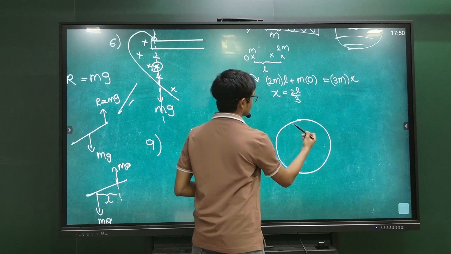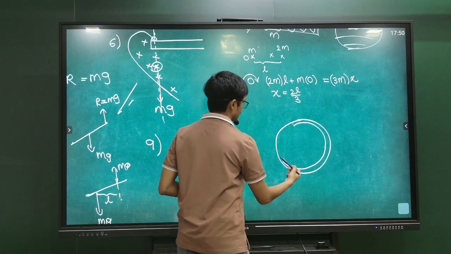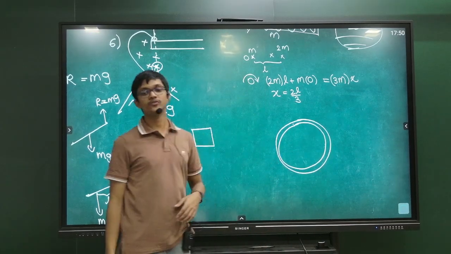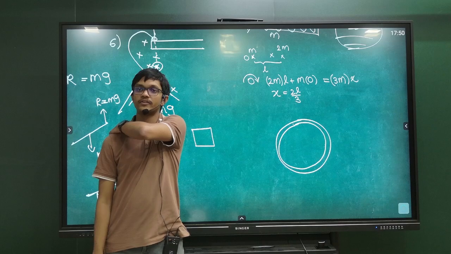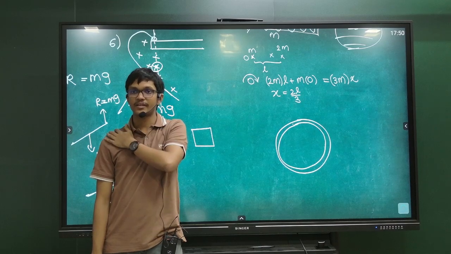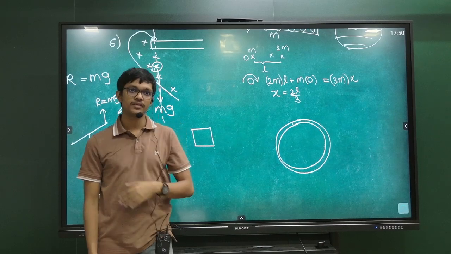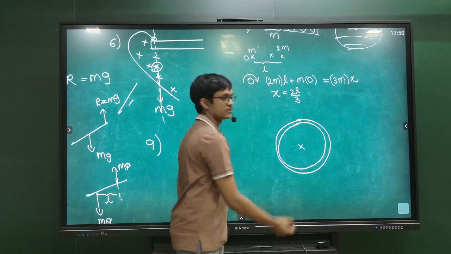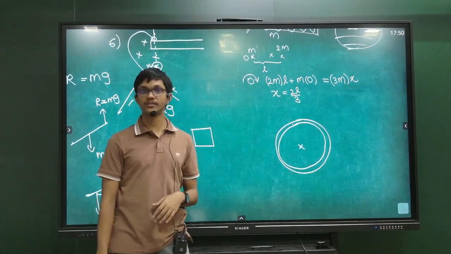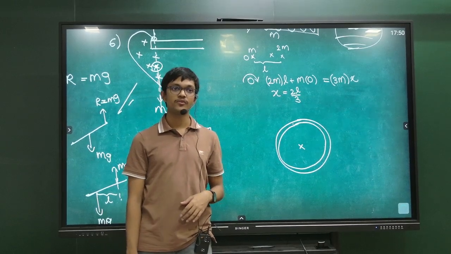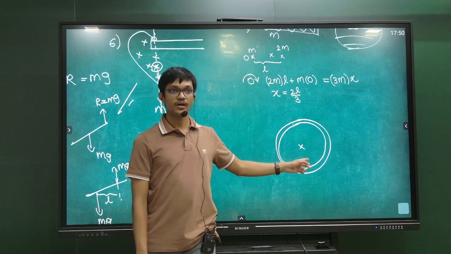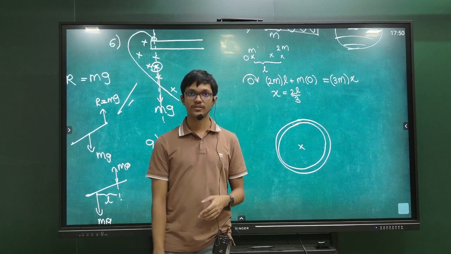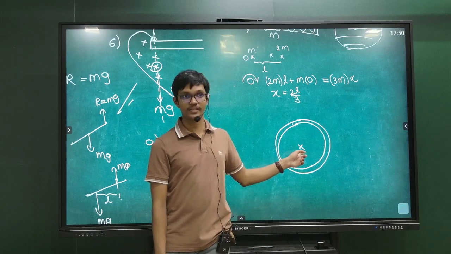Where can you find the center of gravity of this ring? Definitely at the center, right? There's no other way to balance this ring. Its center of gravity is here. After the proper calculation, you will always get the center of gravity here.